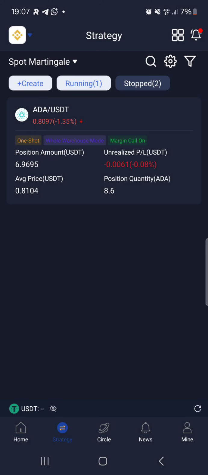I think you can see the robot has bought for me 8.6 ADA. Each ADA, it has bought it at 0.8104, and it has entered 6.96, which is $7 in the market so far.